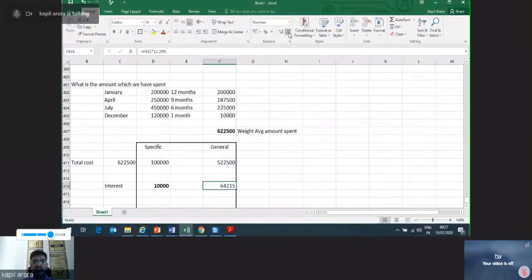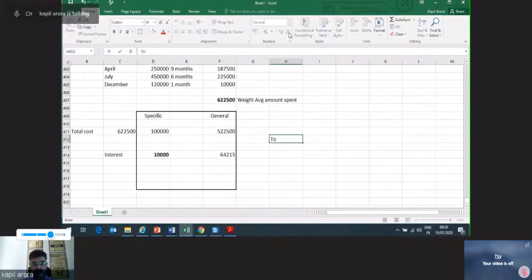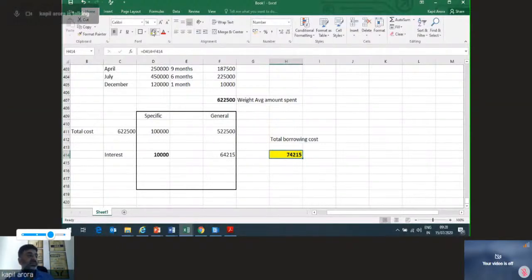The total borrowing cost to be added would be the specific interest and the general borrowing interest. 74,215 would be my borrowing cost. Right? It would be of this amount.